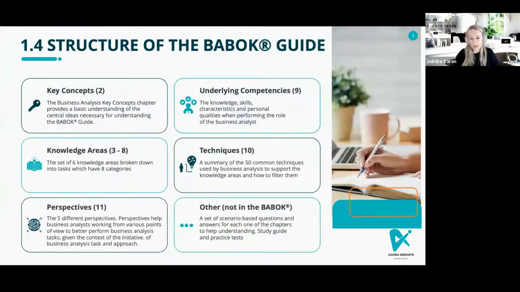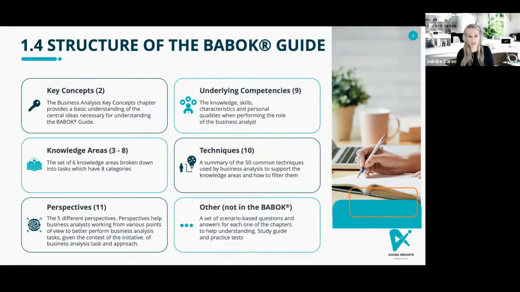The BABOK guide is structured in this particular way. In our first two chapters, we have the key concepts. I know that some of you might know this already, but it's leading somewhere. You have key knowledge areas, chapters 3 to 8, and the knowledge areas are around what you need to do as a business analyst.